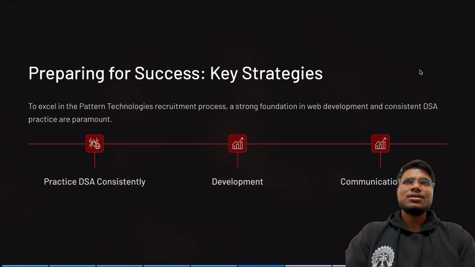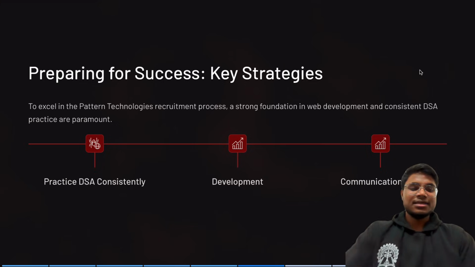You can pick up web development, app development, or data and AIML or any other profile. But for the tech roles, you need to do DSA in at least an above average way.